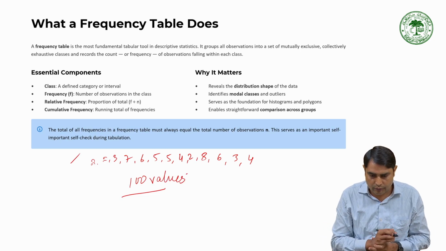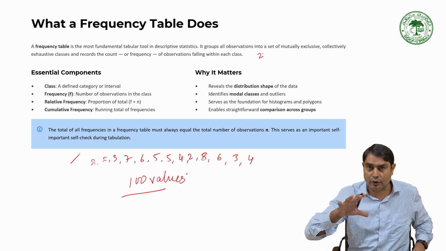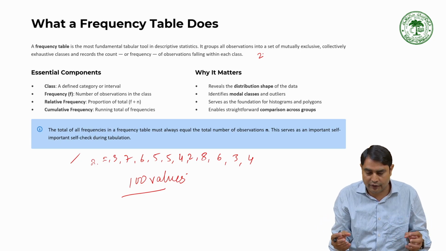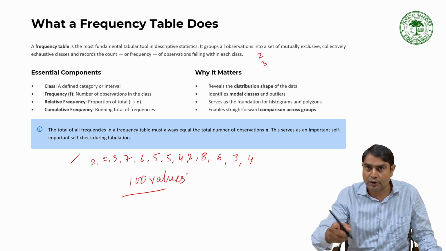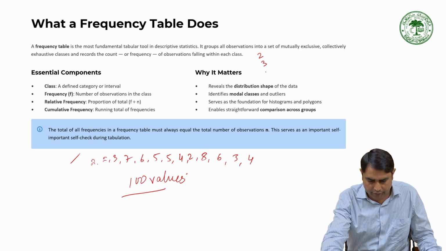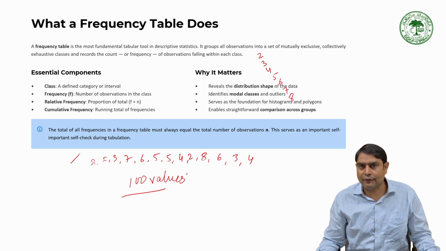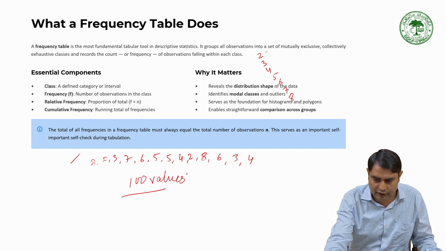Without repeating the numbers, I write down the mutually exclusive numbers. So I have 2, 3, 4, 5, 6, 7, 8, right? I'm ignoring the repetitions and writing each number once. I have written down all the numbers once, and then I'm checking their repetitions.